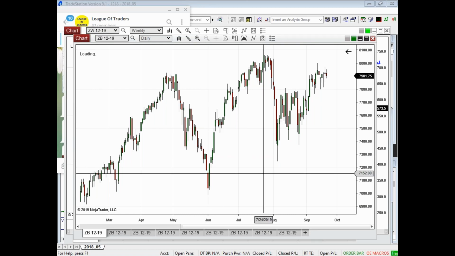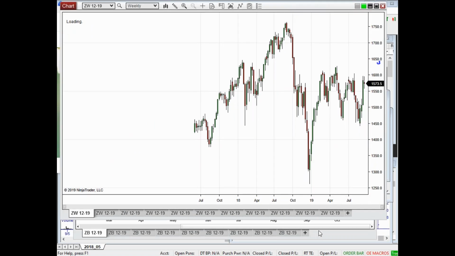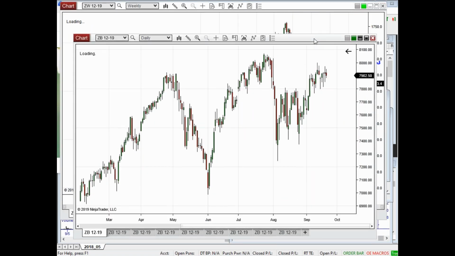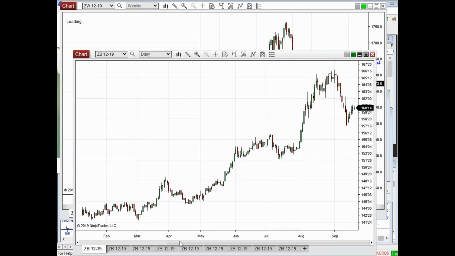NASDAQ so far is holding that 100% pretty darn perfectly at the moment. We'll flip over here to Forex in just a second.